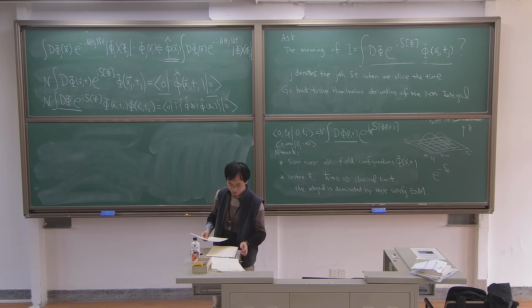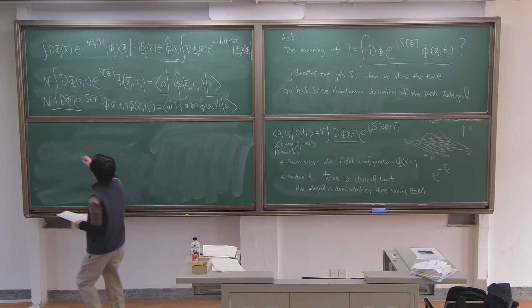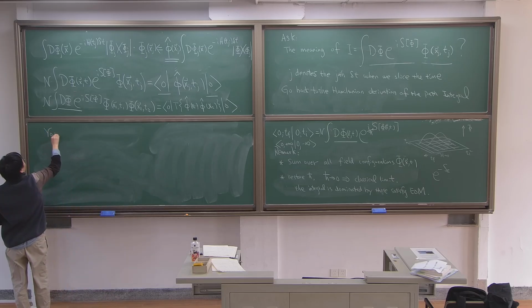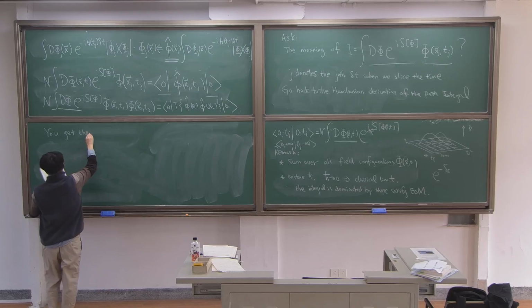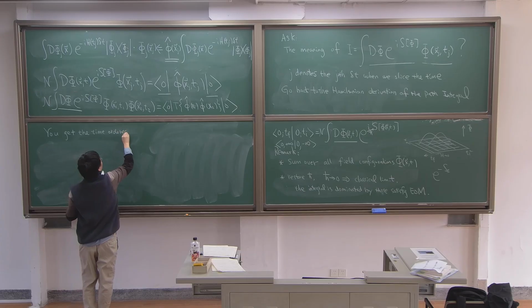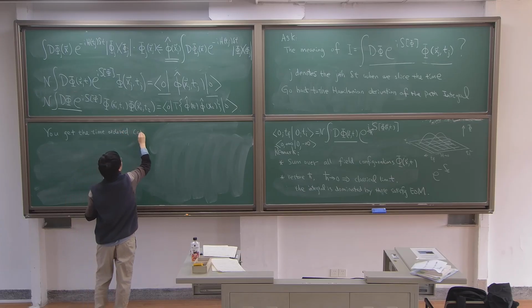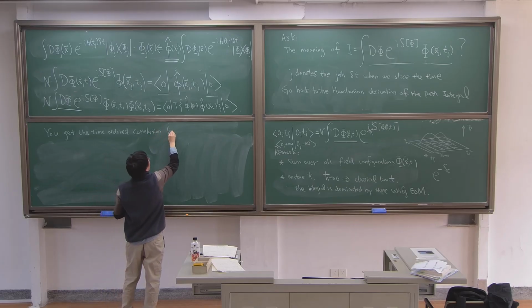Eventually we got the time-ordered one, which is the Feynman propagator. We really did a lot of work to achieve that. But this time it's just for free. So you get the time-ordered correlation function for free.